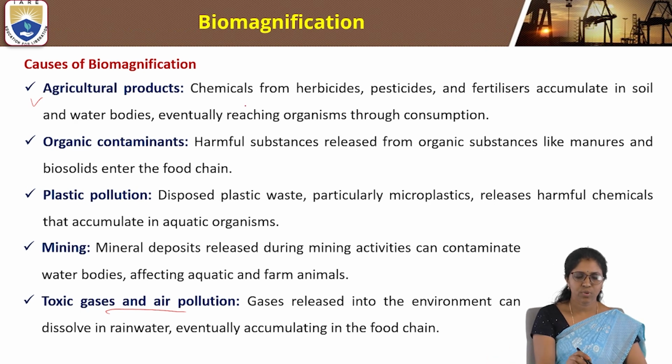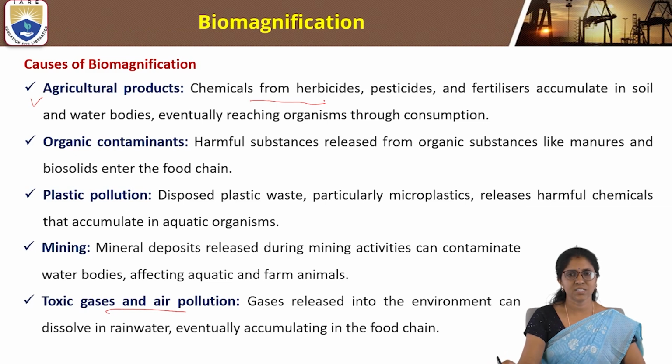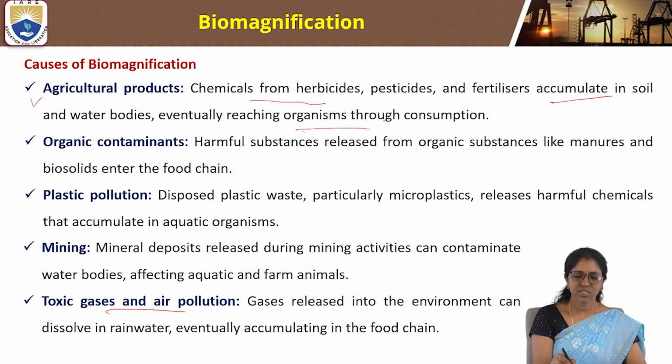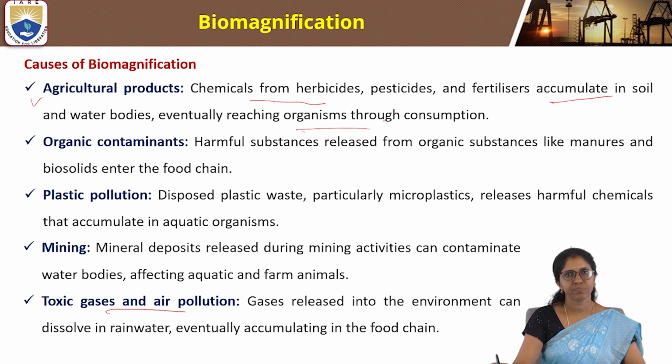In agricultural products, chemicals from herbicides, pesticides, and fertilizers accumulate in the soil and water bodies, eventually reaching organisms through consumption. We know that herbicides, pesticides, and fertilizers contain toxic chemicals.